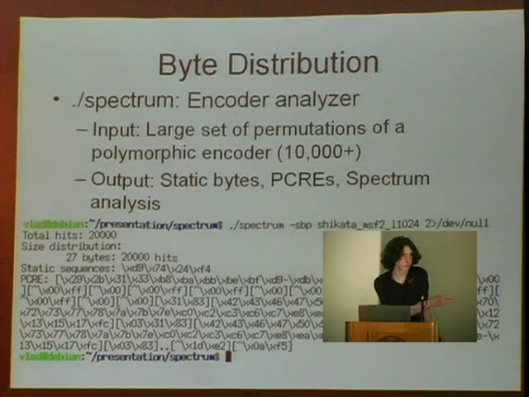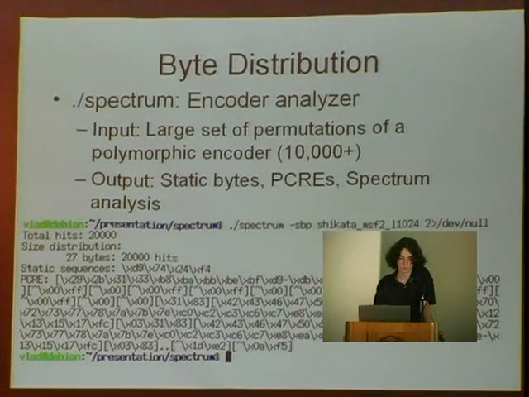But if you look down below, I'm sorry if you guys can't see that, it's just the dot spectrum program being run with the options SBP, which means size, static bytes, and PCRE, or Perl regular expression, on a file called Shikata MSF2 L1024, which means it's a bunch of Shikata Ga Nai encoders in Metasploit Framework 2 that are less than 1024 bytes.